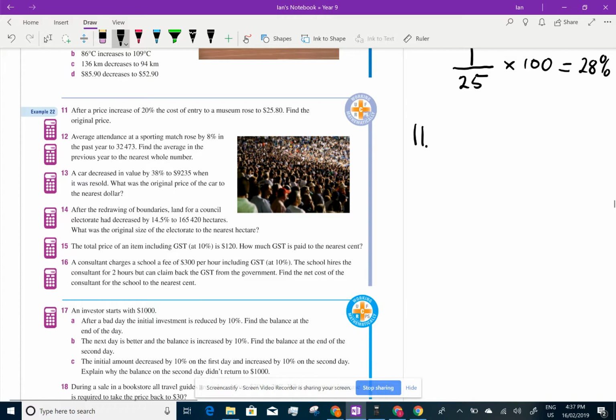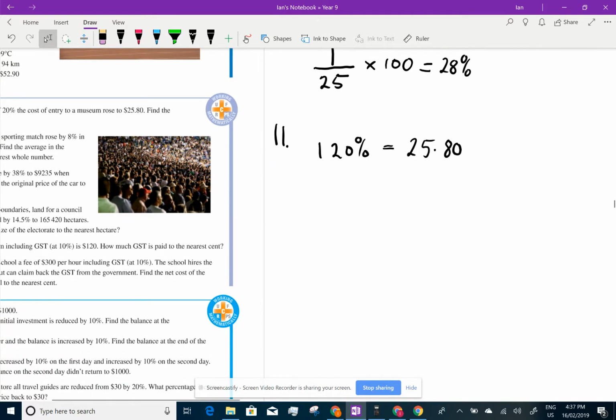Oh, so the $25.80 represents 120% because it's gone up 120%. Now remember, in the unitary method, if you can find 1%, you can find any percent. Well, to find 1%, you divide everything by 120. That'll get you 1%.